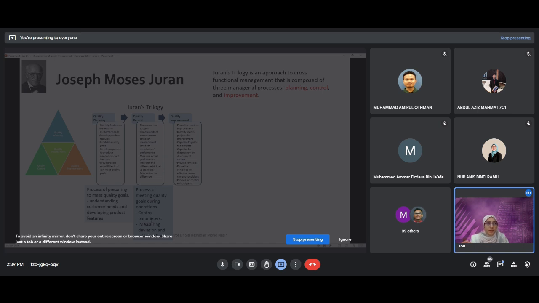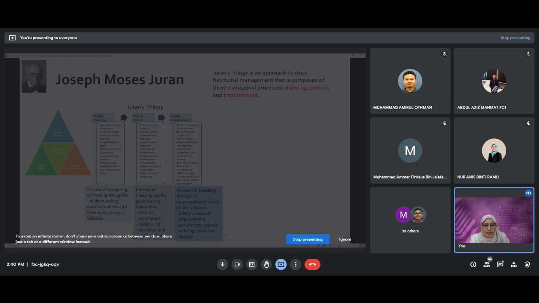For example, if you are looking for quality in concrete, you need to know what parameters you want to control. For example, probably the moisture, probably the strength of the concrete. And measure the deviation. If you find any defect or deviation in the parameters, you should take action to improve the product or the process.